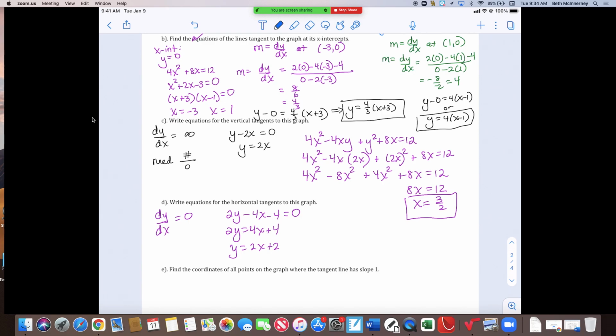So I'm going to go back to that equation, and I'm going to plug in and find the x-coordinate. I guess you could solve for x and go the other route.